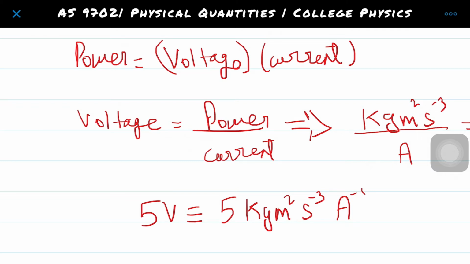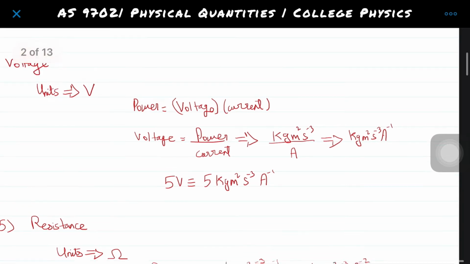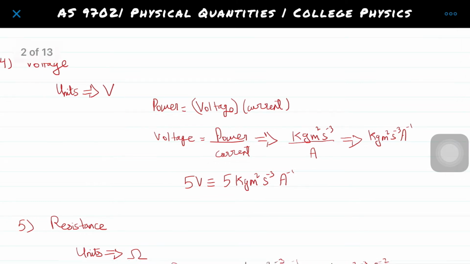Earlier we derived the units for power, which were kg m² s^-3. We divide it by the unit for current, which is ampere, and so we find the base units of voltage, which are kg m² s^-3 A^-1. So since 1 volt is equal to 1 kg m² s^-3 A^-1, 5 volt would be equal to 5 kg m² s^-3 A^-1.